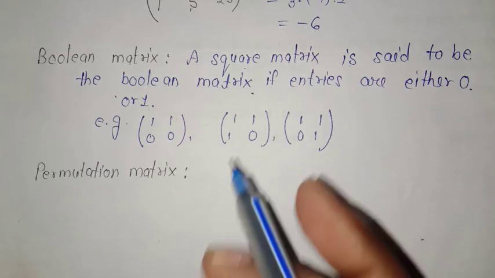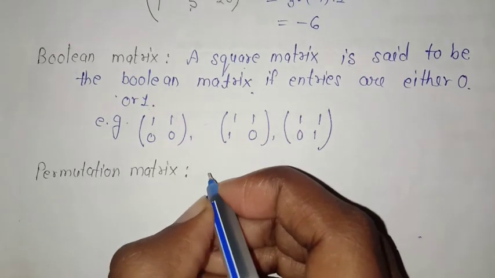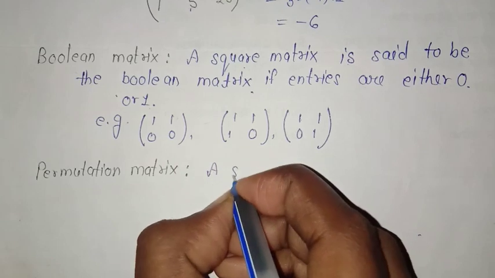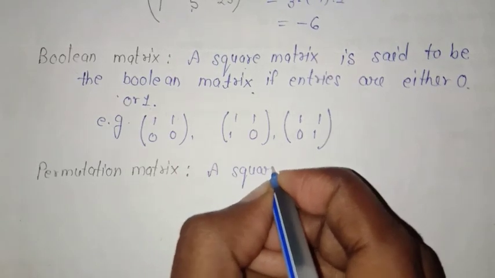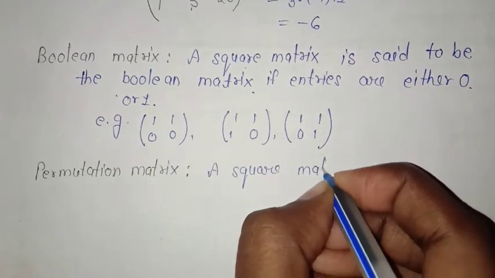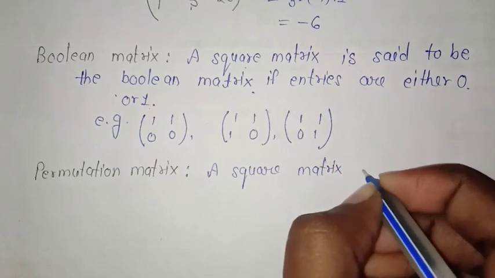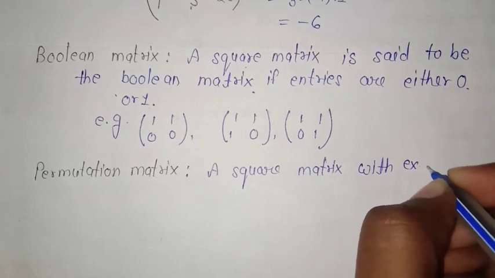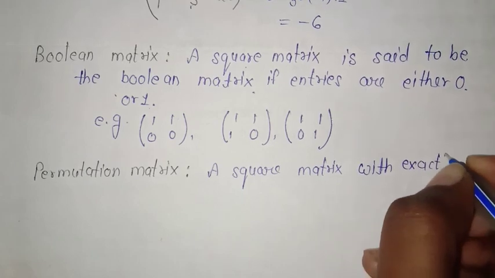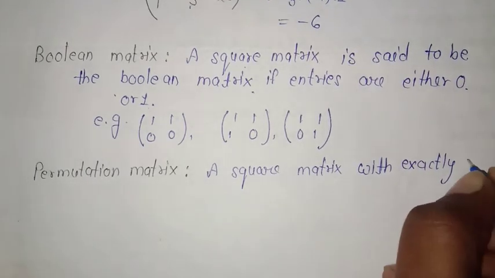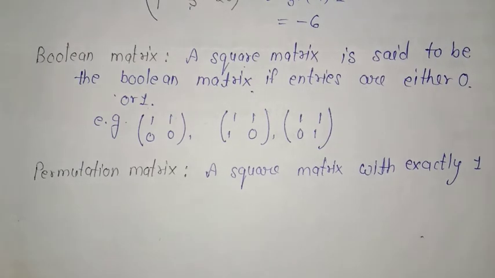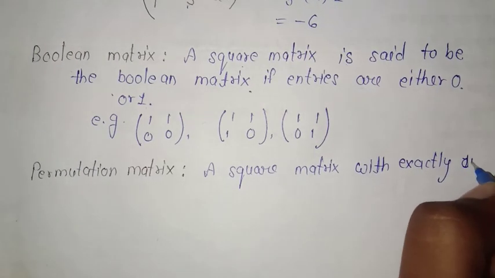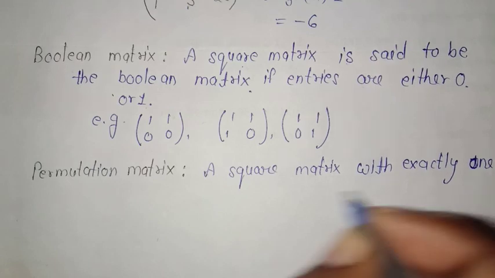So the definition of a permutation matrix is as follows: a square matrix with exactly one 1, I should write it in words, exactly 1.